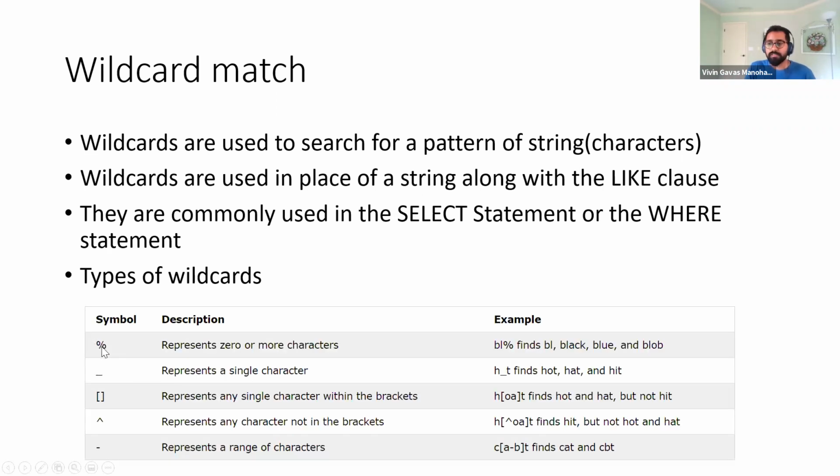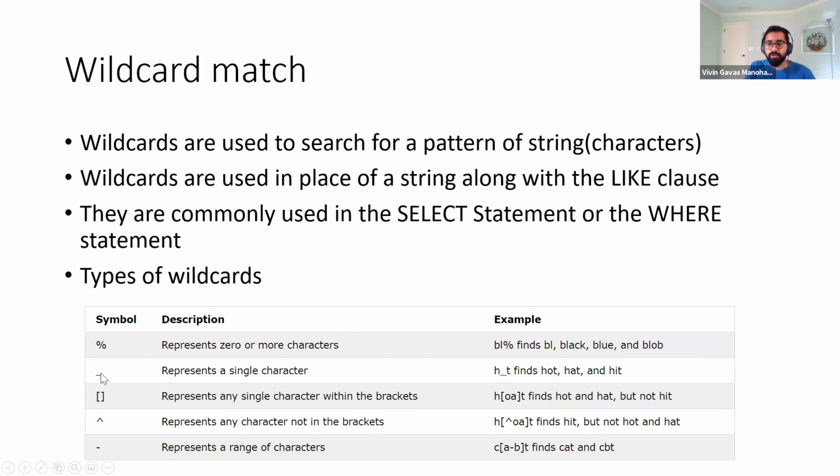So for instance, if you use the percentage symbol, like I said, if you want to find all the names which start with V, you could just say where the name is like V percentage. What percentage means is it could be either 0 characters or even 20 characters after V. So if you use BL percentage, it would find every name which has BL, like black, blue, or block in it.